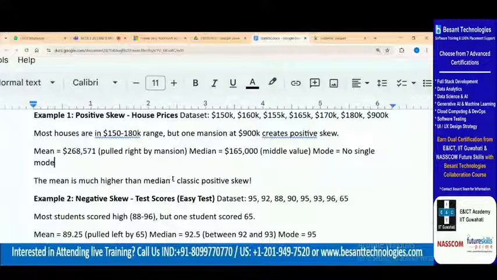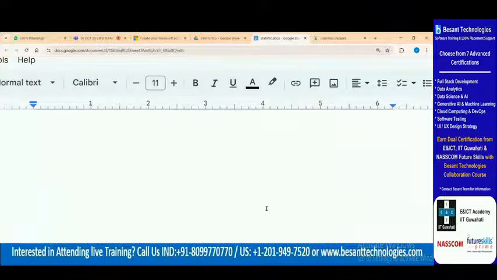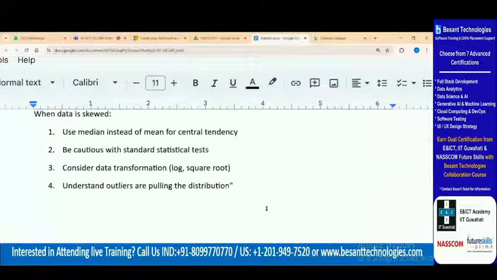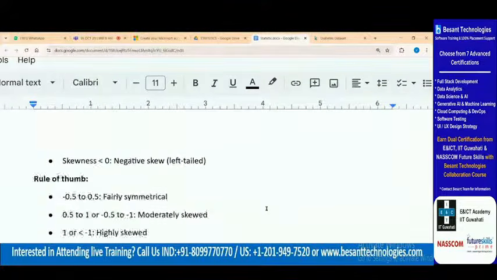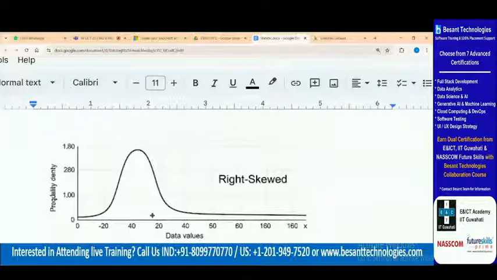Here the mean is much higher than the median, so it is a classic skew. So in the graph, how we have to represent the mean, median, and mode, I'll tell you. Let's take this graph.